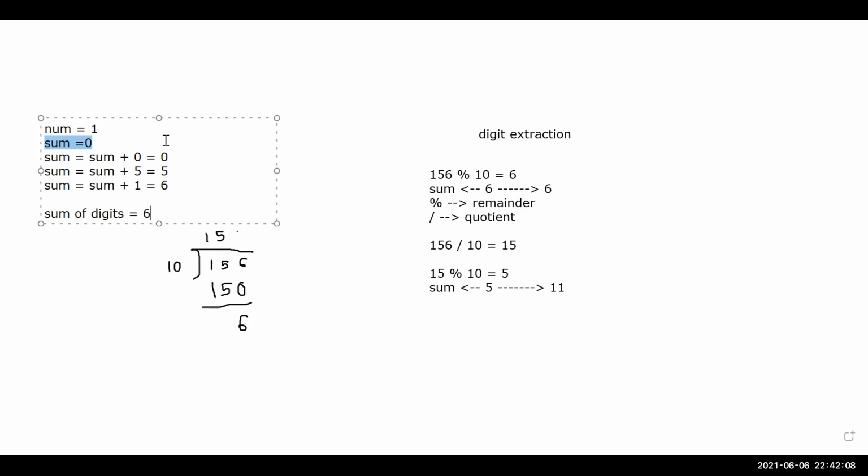So such a number is only 0, because in C, whenever a variable is declared, it is initialized by a garbage value. So when we add the value 6 to the sum, at first the value 6 will be added to some garbage value. To avoid that, first we will initialize sum with value 0.